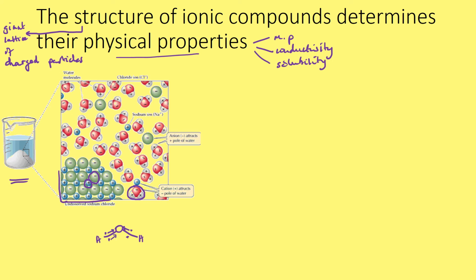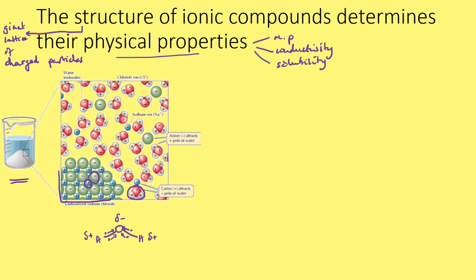So it gets a greater than fair share of those electrons, which leaves itself as slightly negative and leaves the hydrogens both as slightly positive. And that's illustrated there in the diagram.